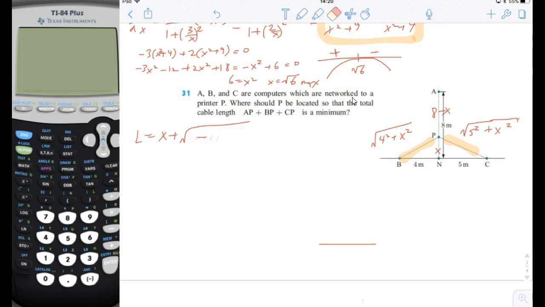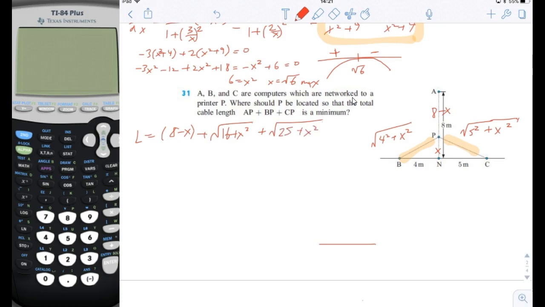I was about to expand that, and it would have been awful. Sometimes we decide to do things in a problem, and then we see that we made the wrong choice. So we got distance 8 minus X, and then we have square root of 16 plus X squared, and the square root of 25 plus X squared.